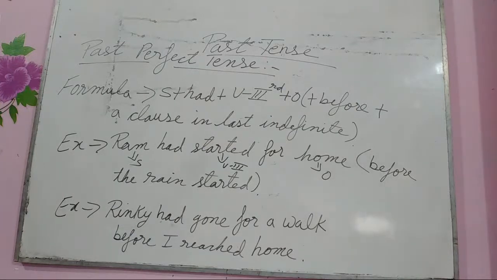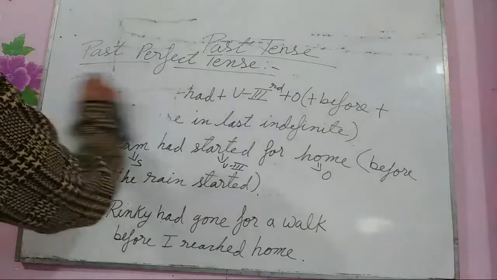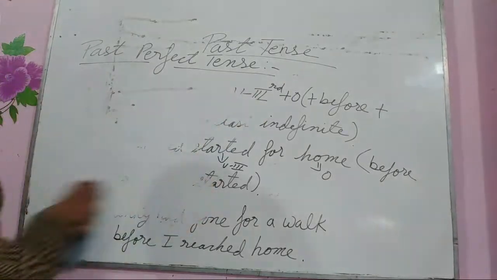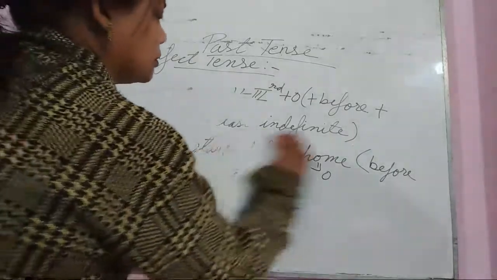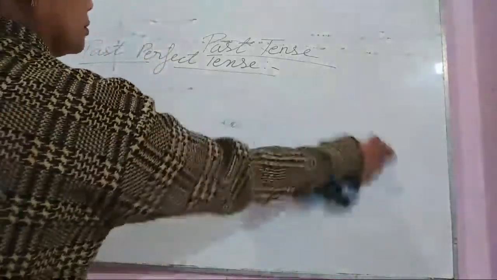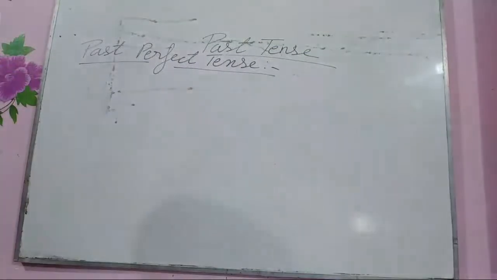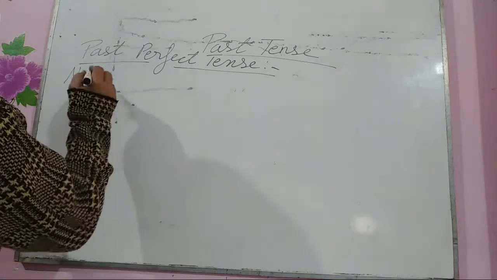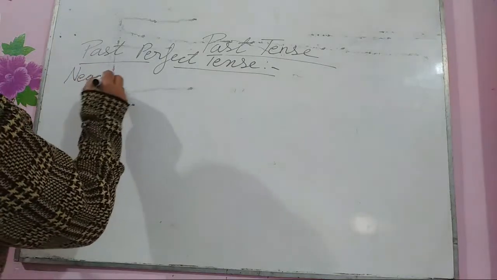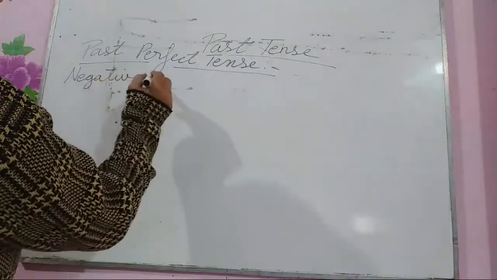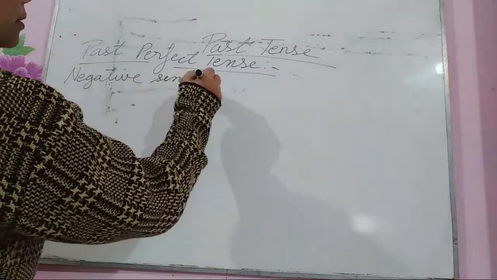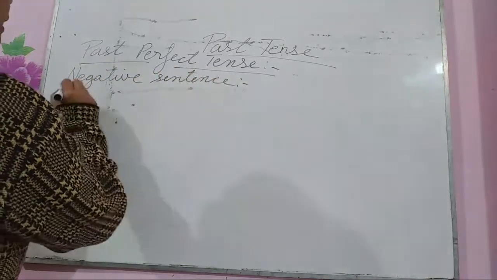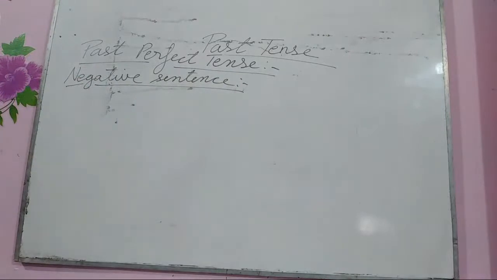Let's see the negative sentence in past perfect tense. Now we are going to see the formula as well as the example of the negative sentence in past perfect tense.